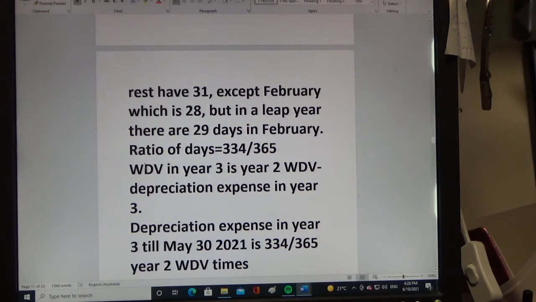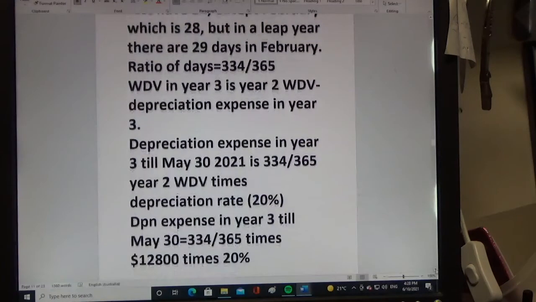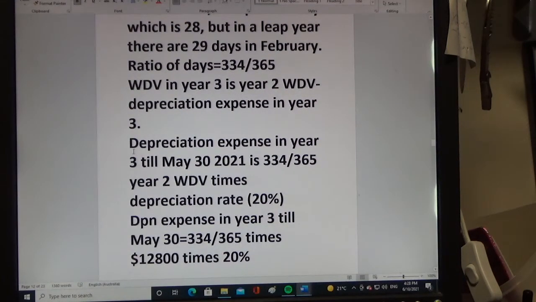The written down value in year 3 is year 2's written down value minus depreciation expense in year 3. So the depreciation expense in year 3 till May the 30th in 2021 is 334 over 365 times year 2's written down value times the depreciation rate of 20%.